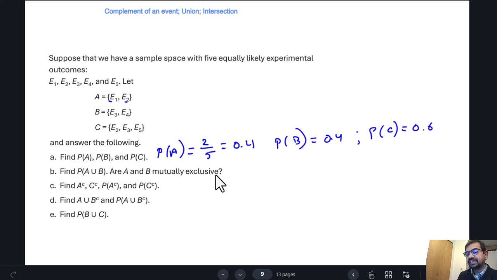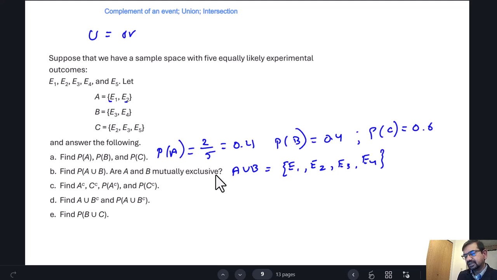So first, look at P(A union B). Union is the possibility of the event given by A or B happening. So this is the idea of OR. Union is OR. So A or B happens. So let's first define what A or B means. A union B is the set, again, A has E1 or E2, and B has E3 or E4.